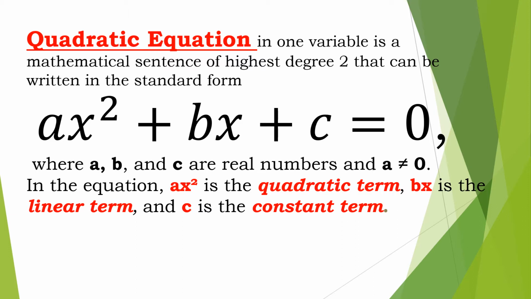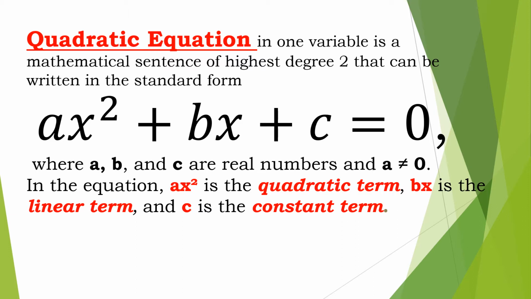Quadratic equation in one variable is a mathematical sentence of highest degree 2 that can be written in the standard form ax squared plus bx plus c is equal to 0, where a, b, and c are real numbers and a should not be equal to 0.